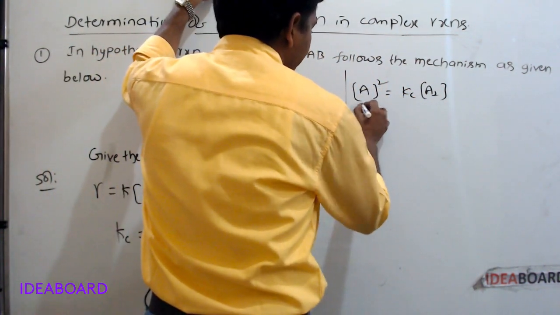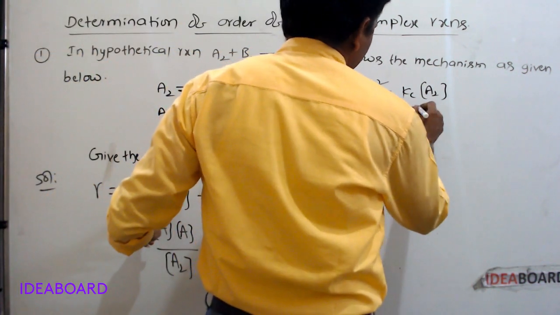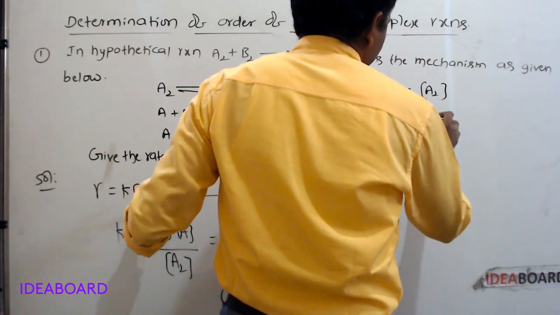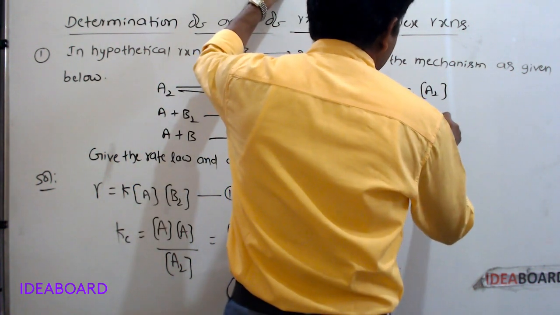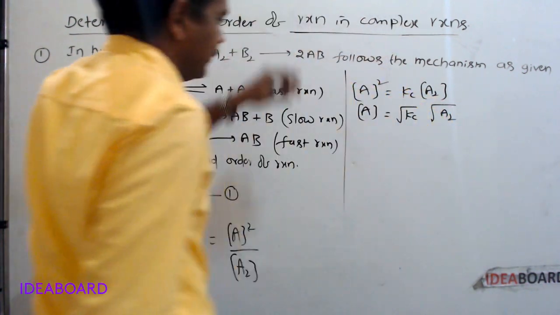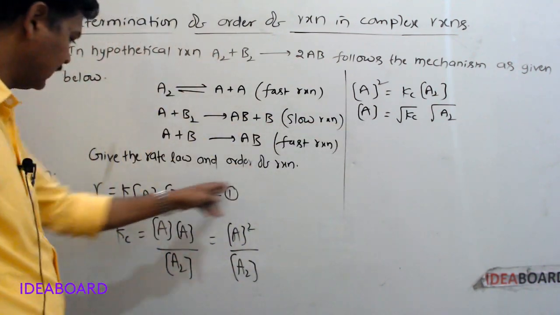But we need only [A], because here [A] is there. [A] is equal to root of Kc into root of [A2]. Then put this [A] in this equation.